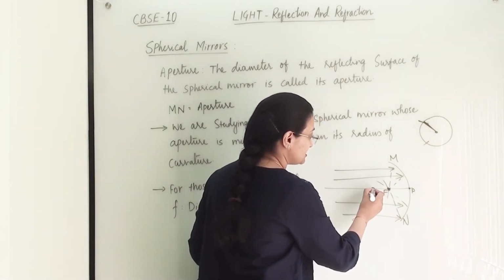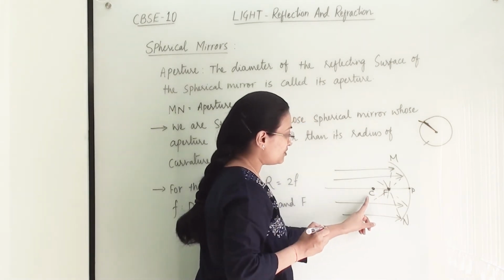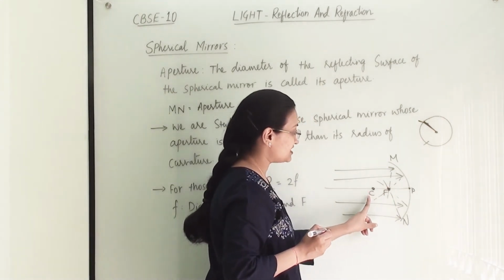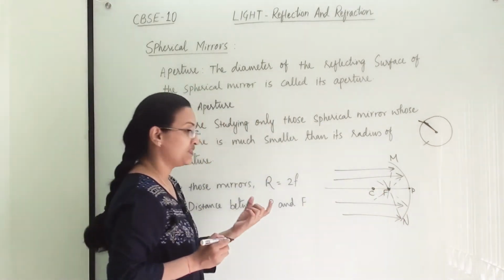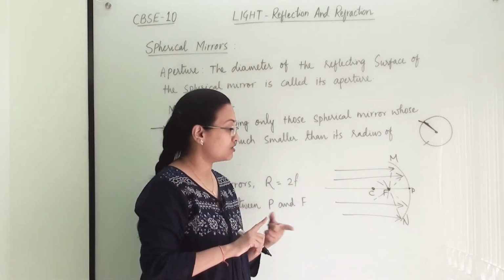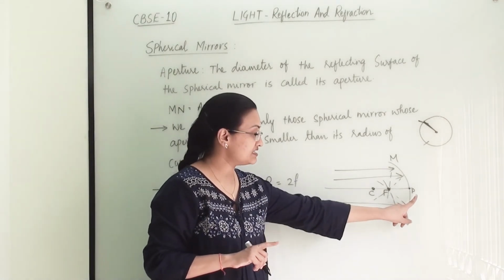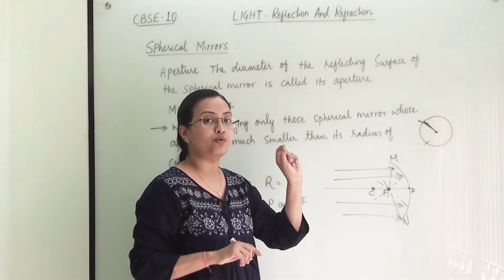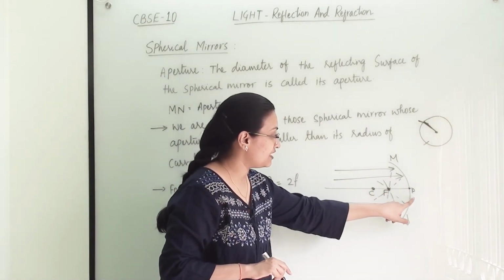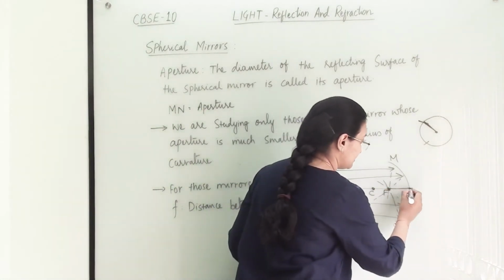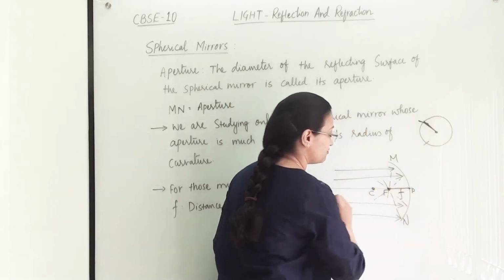And here is the C. F is in between C and P. So consider the length between P and F. F is the principal focus of the concave mirror, and P is the pole, the midpoint of the spherical mirror. So the length in between F and P is known as the focal length.